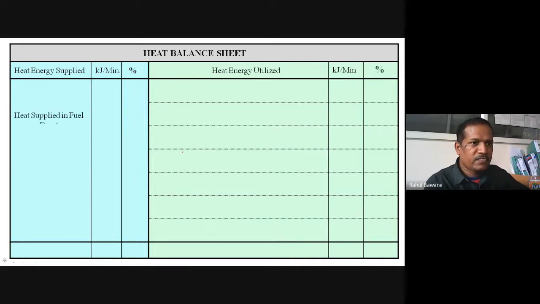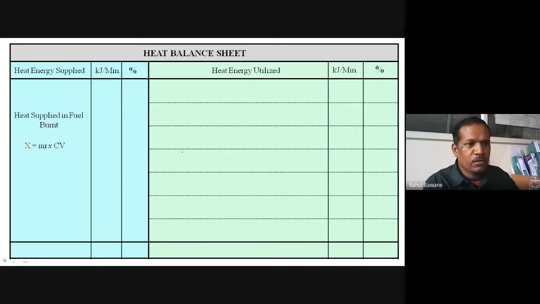Now in detail, in the first part we write the heat supplied in fuel by burning of fuel, obviously. Suppose that the total amount of heat supplied is X, and the formula to calculate the total heat supplied is mass of fuel multiplied by calorific value. So MF multiplied by the fuel calorific value.